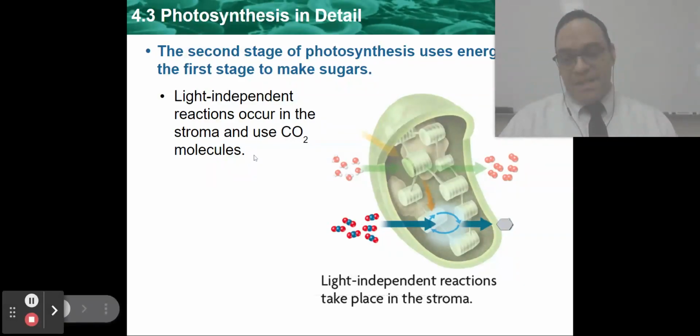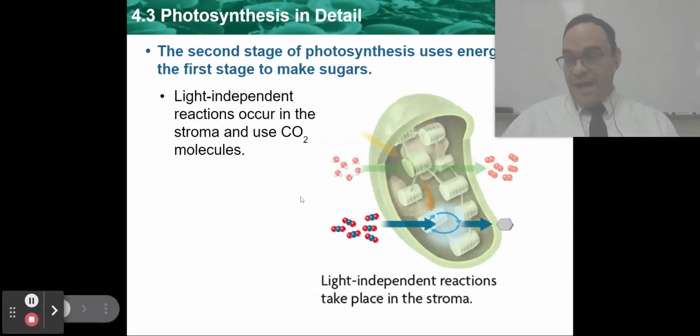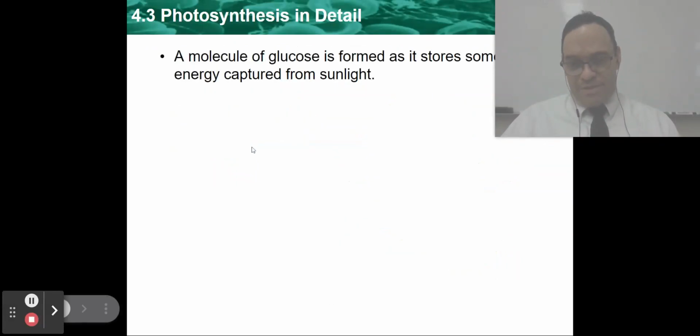Carbon dioxide. It uses it in the stroma, which is the fluid that surrounds the thylakoid and the grana, and it does that to make sugar. And the light independent reaction needs the ATP that was made. It needs the high energy electrons that were made, and it needs the actual CO2 that was brought in from the outside.